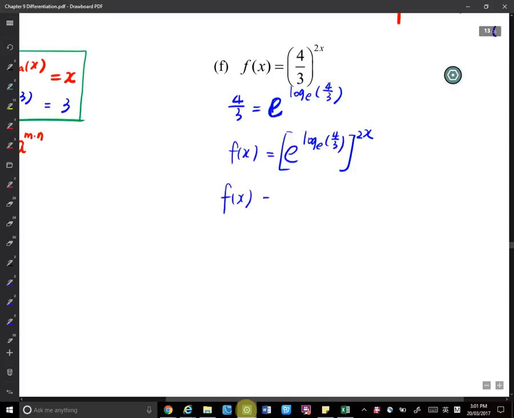Then f(x) will equal e to the power of 2 log_e 4/3 times x.